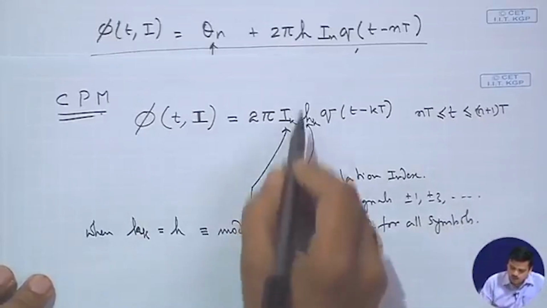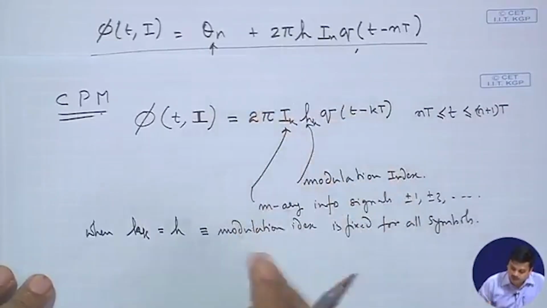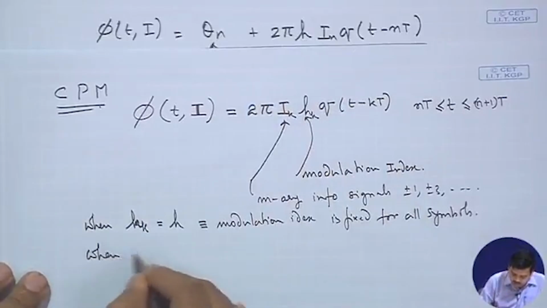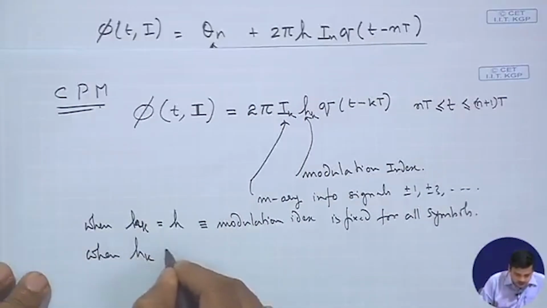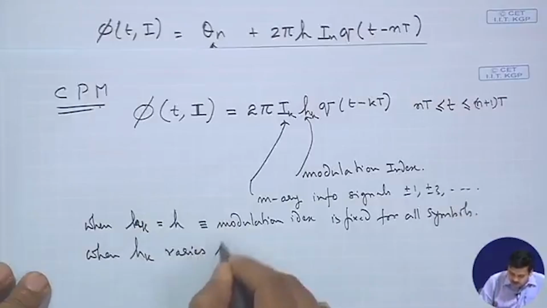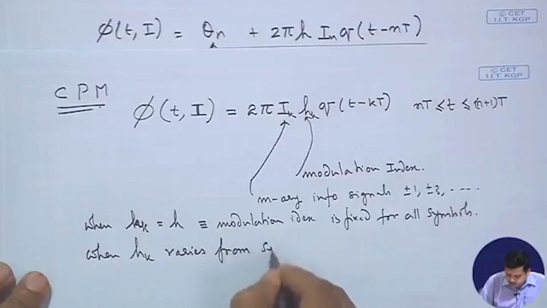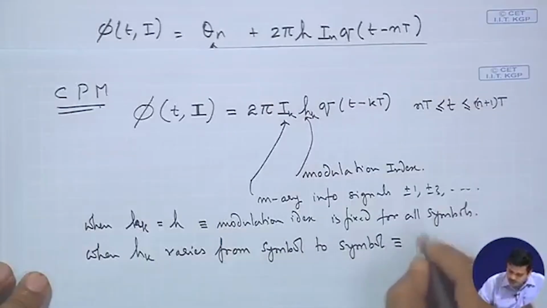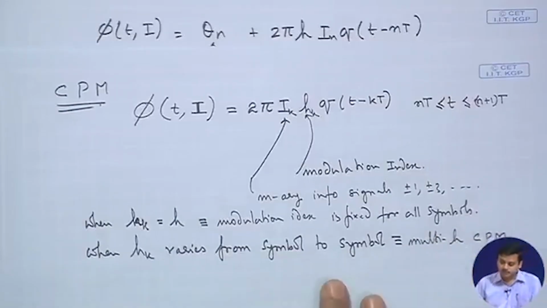So, at least over here, we have it fixed for all symbols, and when h k varies from symbol to symbol, what we have, you can say, is a multi-h continuous phase modulated signal.